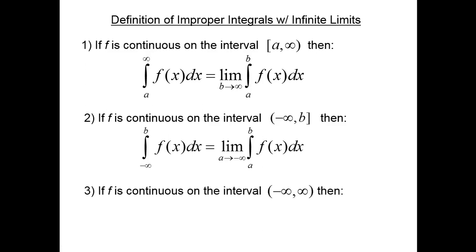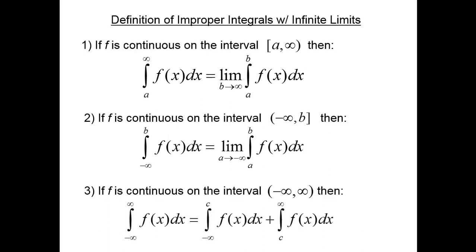And then the last case is if f is continuous on the interval from negative infinity to infinity, then we break this up into two integrals. The integral from negative infinity to infinity becomes the integral from negative infinity to c, plus the integral from c to infinity. And c can actually be any number on the number line. Usually we choose 0 just to pick a convenient value. And we'll see some examples of these.